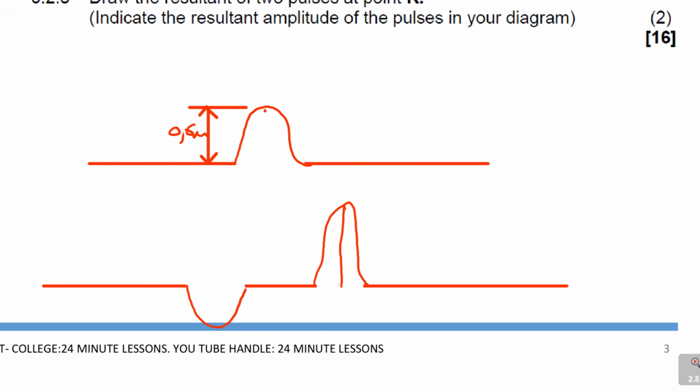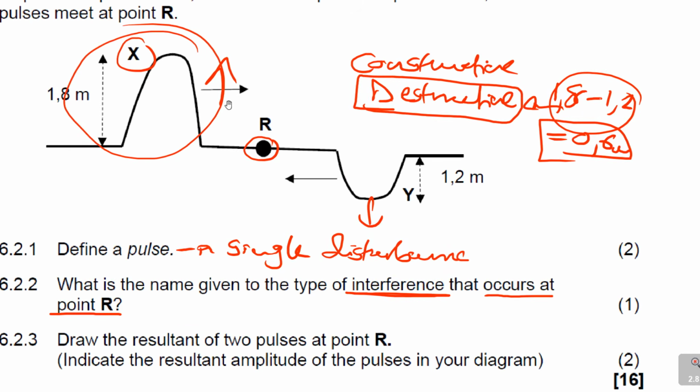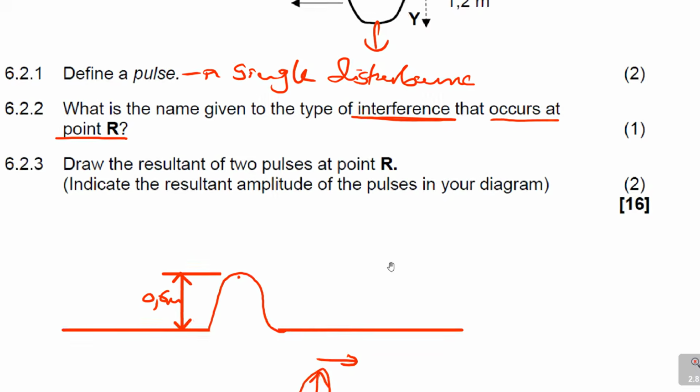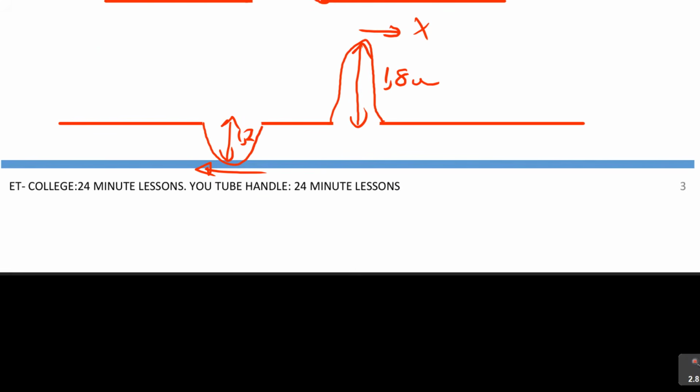This is the pulse which was what? 1,8 meters moving that direction. See that? Because they just passed each other. And then the other one, Y, so this is your X here, and then the Y now, this pulse which is 1,2, it is moving that direction. You understand? So that is what you can expect when you are dealing with pulses.